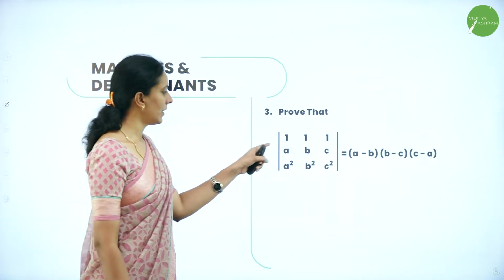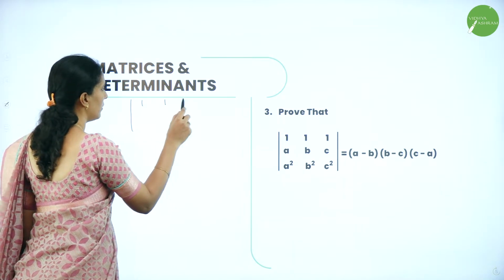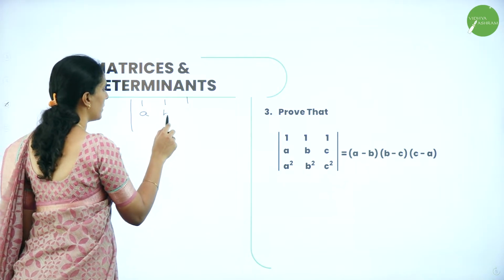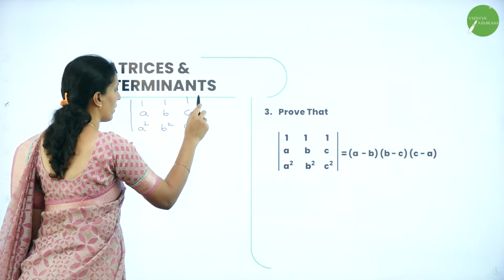First, let us consider the given determinant, that is 1, 1, 1, a, b, c, a square, b square, c square.